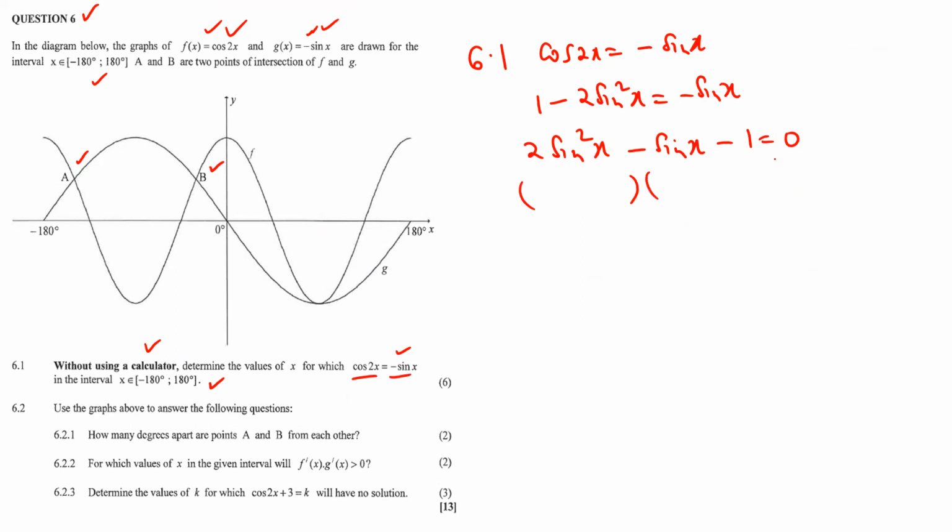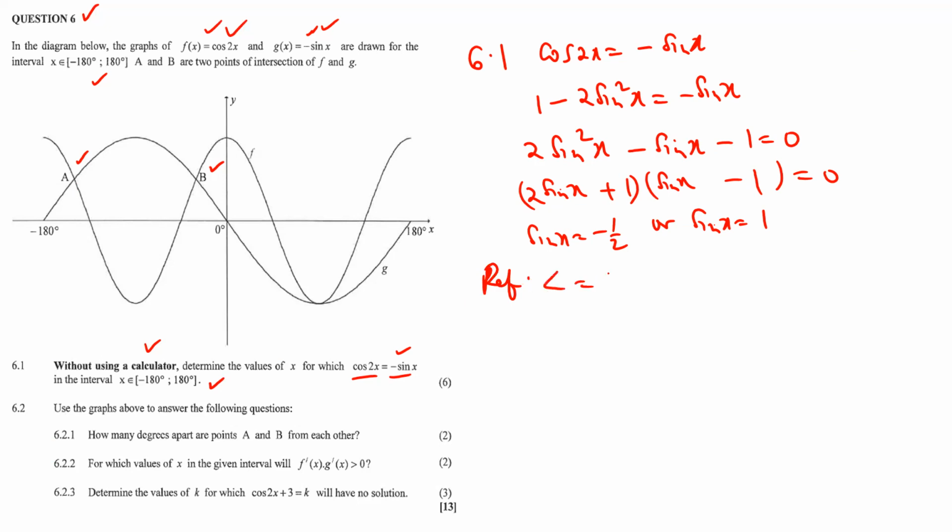We open brackets. So we have 2 sine x, sine x. The signs will be plus 1, minus 1, which means sine x is minus 1/2, or sine x is 1. So the reference angle is always the arc sine of the positive 1/2.